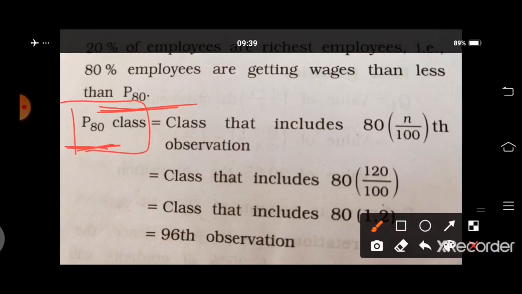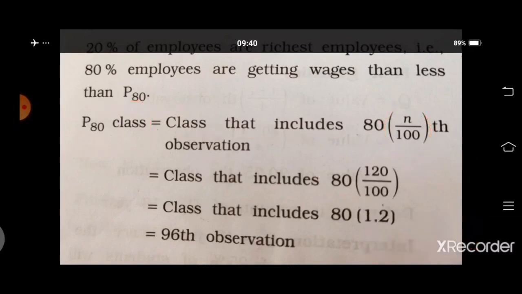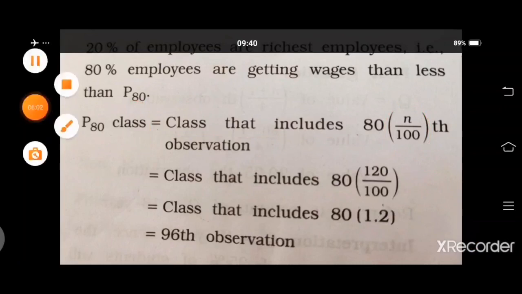Formula for P80: this is a continuous frequency distribution, so we will write down here the class that includes P80. P means percentile, so 80 into n upon 100, n equal to 120 divided by 100, 80 into 1.2, 96th observation.